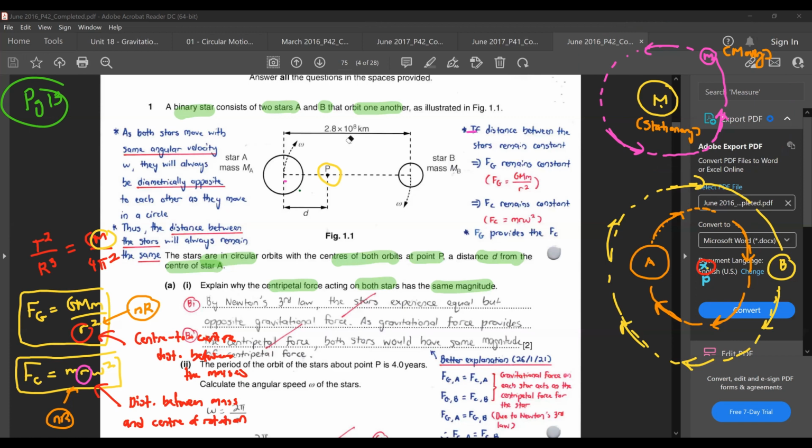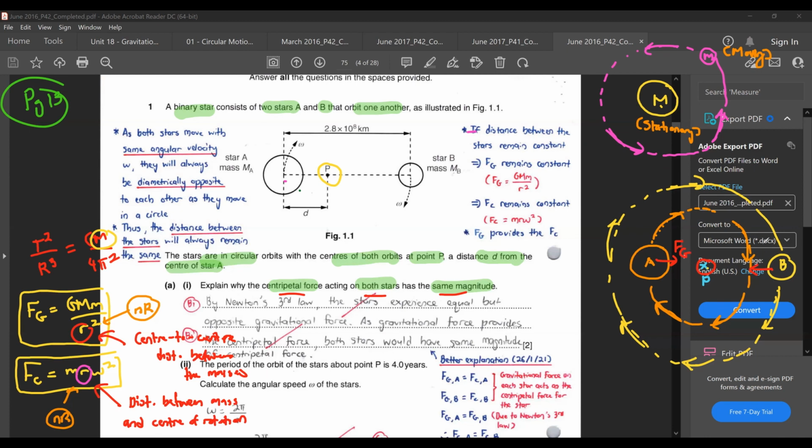So here the question is asking you, explain why is it that the centripetal force for both stars actually have the same magnitude. Now, in the first place, for star A and star B, because they both have masses, they will exert gravitational forces of attraction on each other.